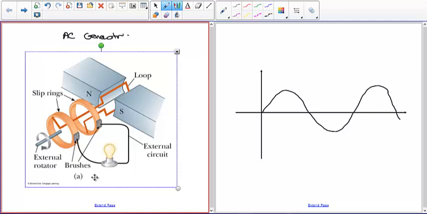So the turbines that spin in a power plant are turning at a very specific speed, probably 3,600 RPM, something like that. So 3,600 RPM would give you 60. So that's going to be what? 3,600 divided by 60.